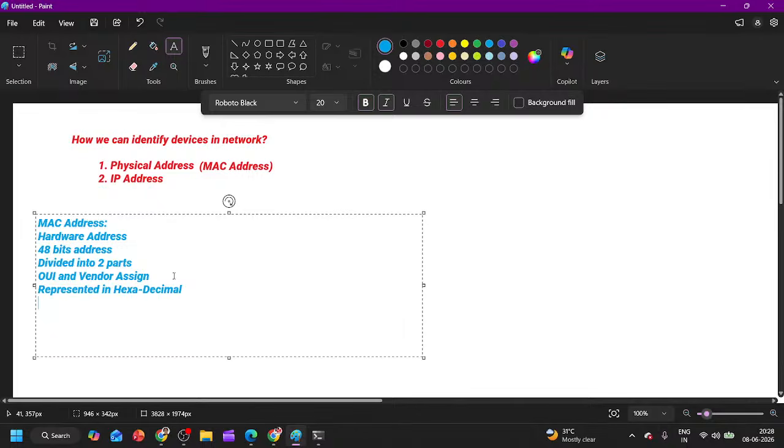Great point. Next, anything else? It is also called a burned-in address. Correct. We can call it physical address, burned-in address, MAC address, hardware address. Lots of names are there. Any features or terminology of MAC address, the layer 2 address?